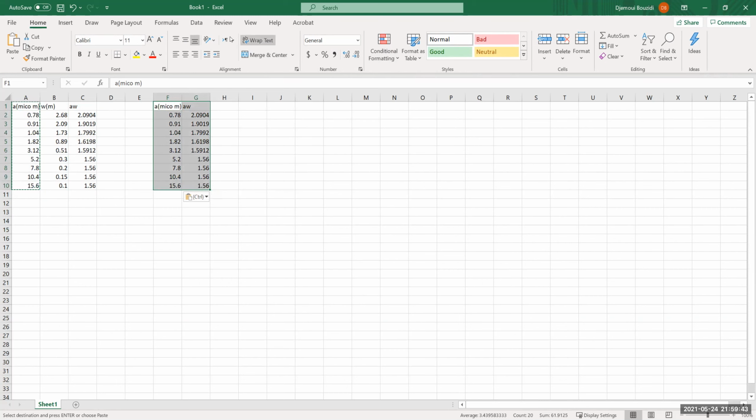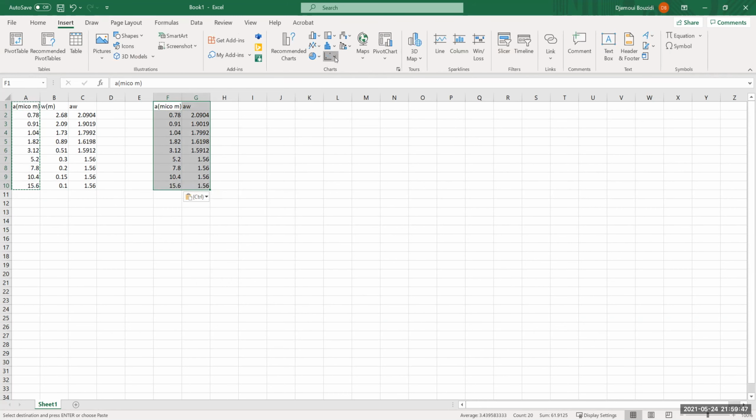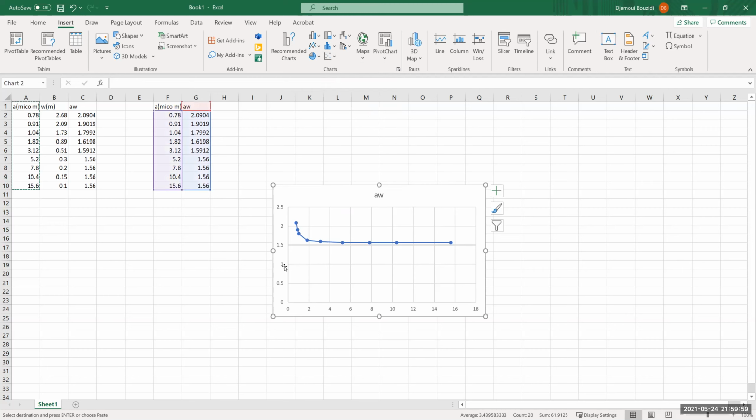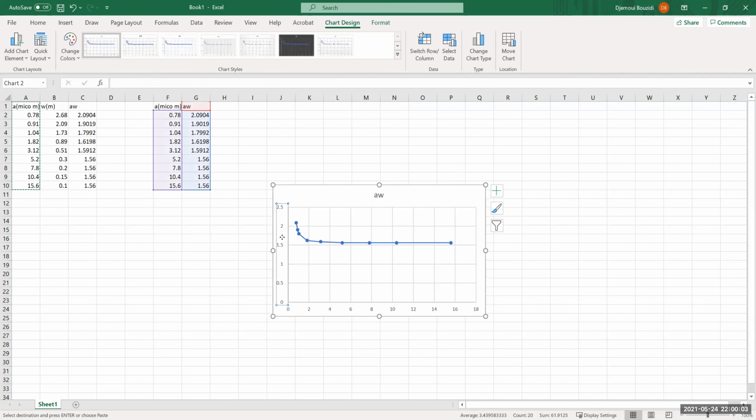Insert, again, chart. This is better now, okay? It's supposed to be constant at the end and changing in the beginning. Except I don't like the scale. Can I change the scale a little?